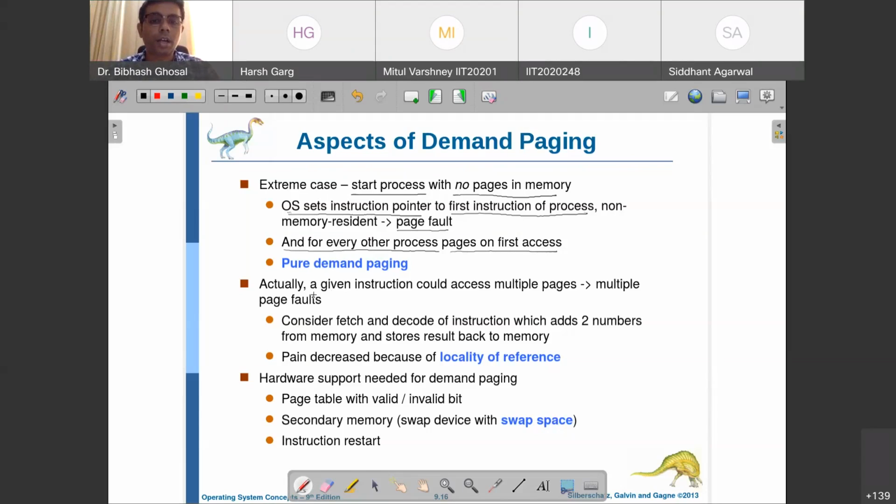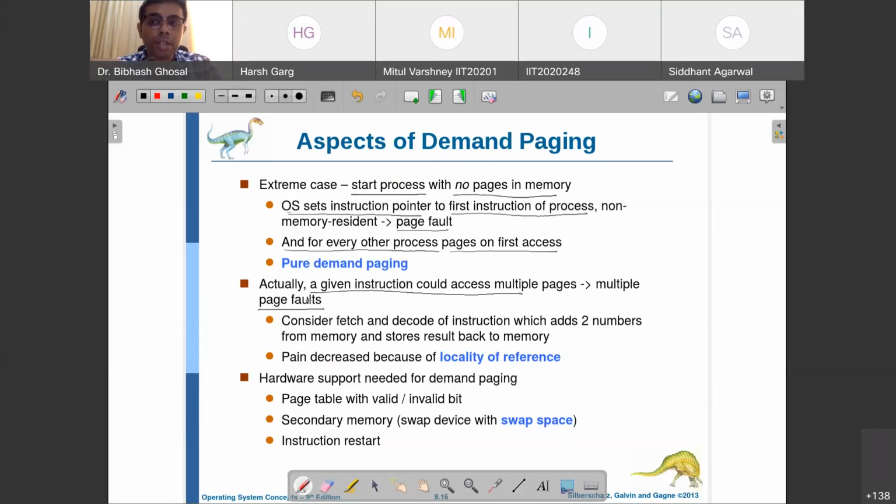Actually, a given instruction could access multiple pages. Multiple page faults, yes, that can happen. Maybe one instruction which the CPU has sent first requires page 1, fault, page 1 is brought. But the instruction also requires page 2. It's also not there, page fault, bring page 2.